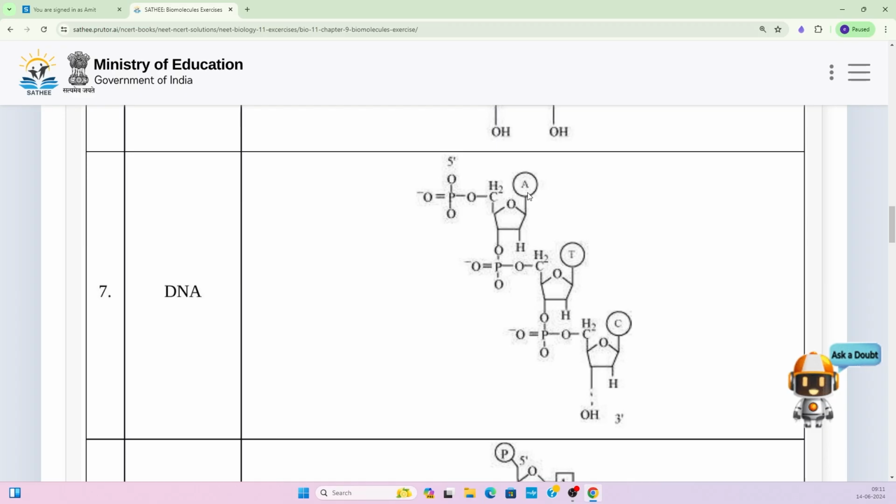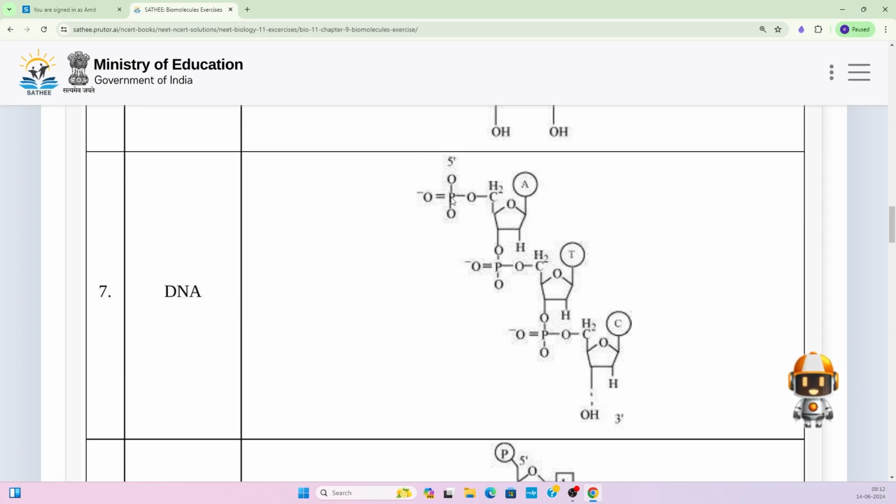Now, this is another nucleotide, right? Thymine is there, deoxyribose sugar, and this is the phosphate group. And the third one is cytosine. Cytosine is joined with another sugar molecule, and the phosphate group is there.